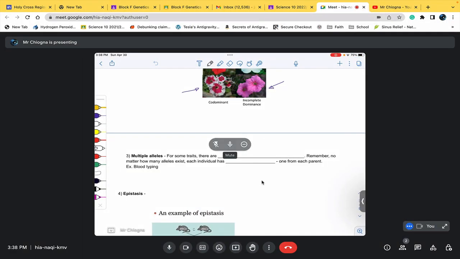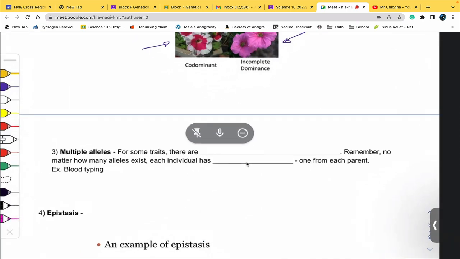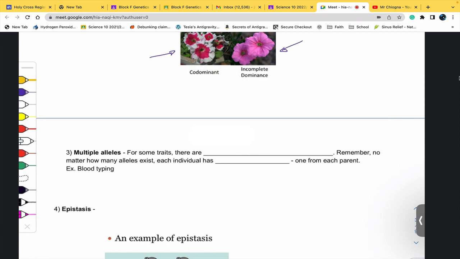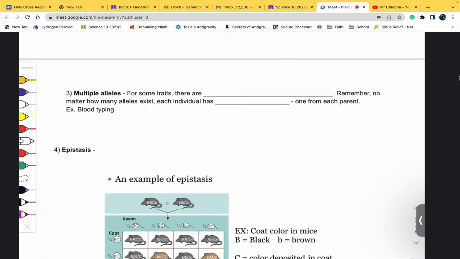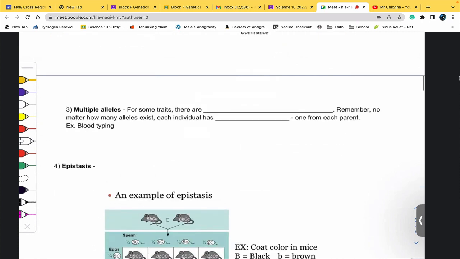Okay, so here we are on the second page. You turn to where it says at the top of the second page, multiple alleles. It says for some traits, we'll add in here, there are more than one allele.